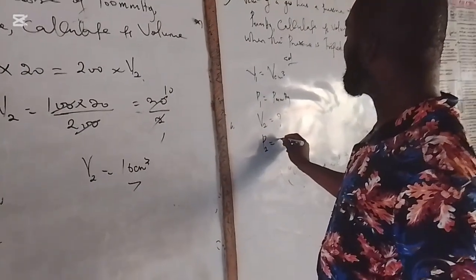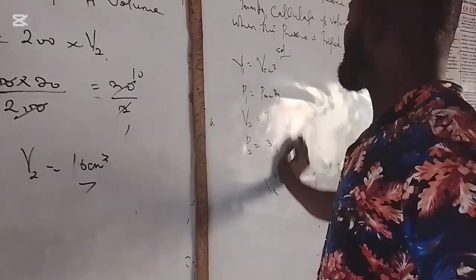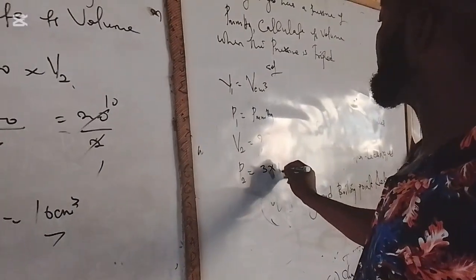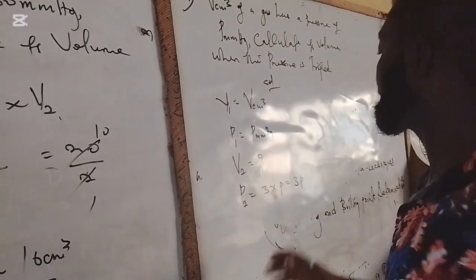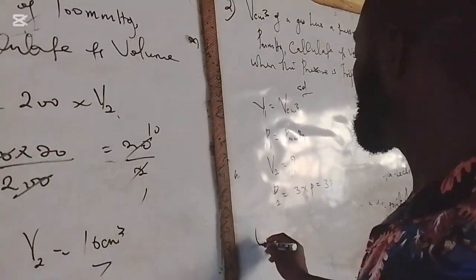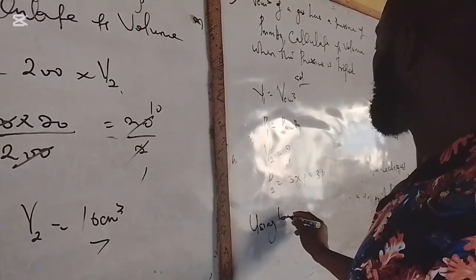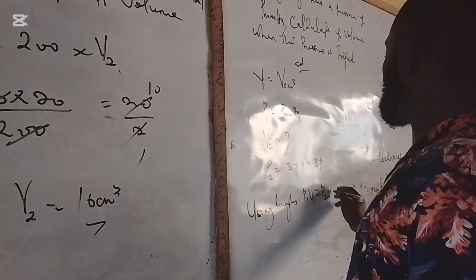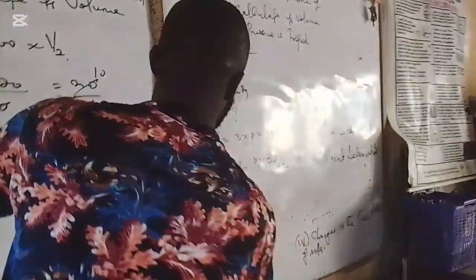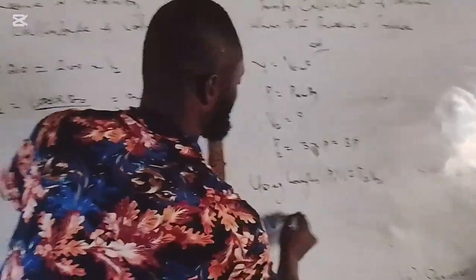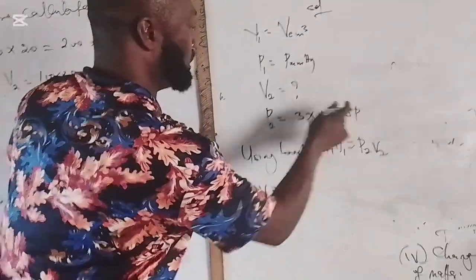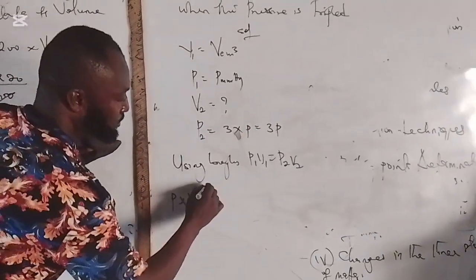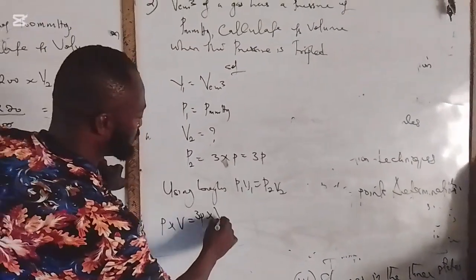In mathematics, triple means 3 times. 3 times the initial pressure, which is P, will give you 3P. Now, using Boyle's law, P1 V1 equals P2 V2. In the question, P1 is P, V1 is V, equals P2, which is 3P, times V2 unknown.